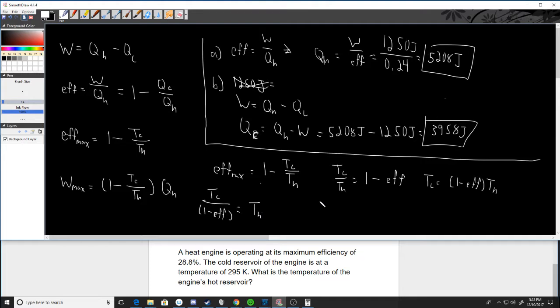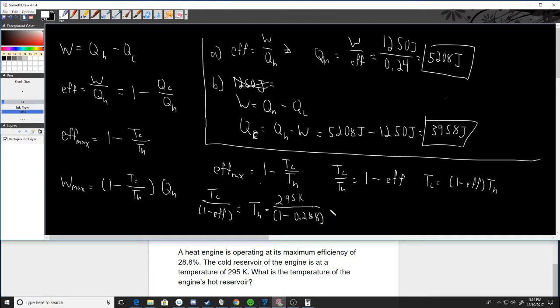All right, had to do some algebra there just to get the variable I'm looking for by itself. But now I just need to plug some stuff in. Temperature of the cold reservoir, we said it was 295 Kelvin. That's over, parentheses, 1 minus 28.8%. If I need that in a decimal, that's 0.288.